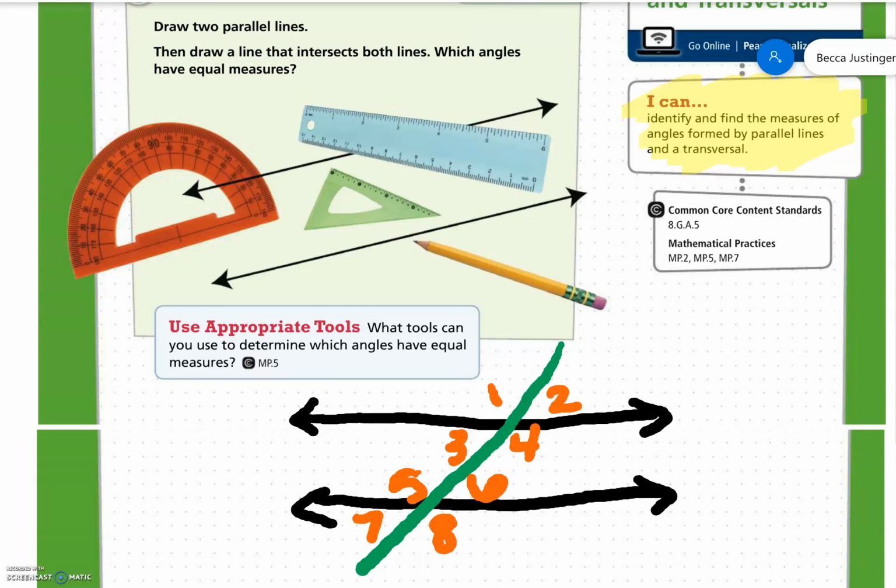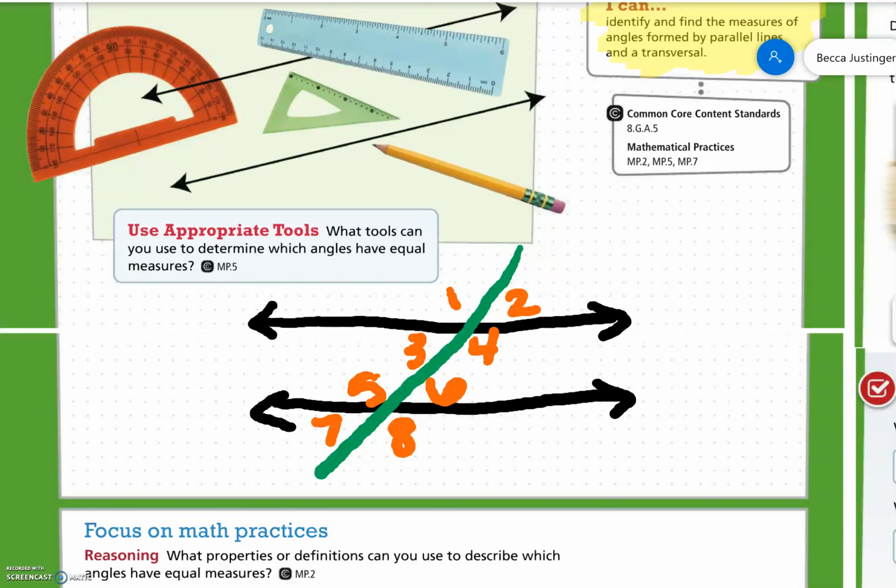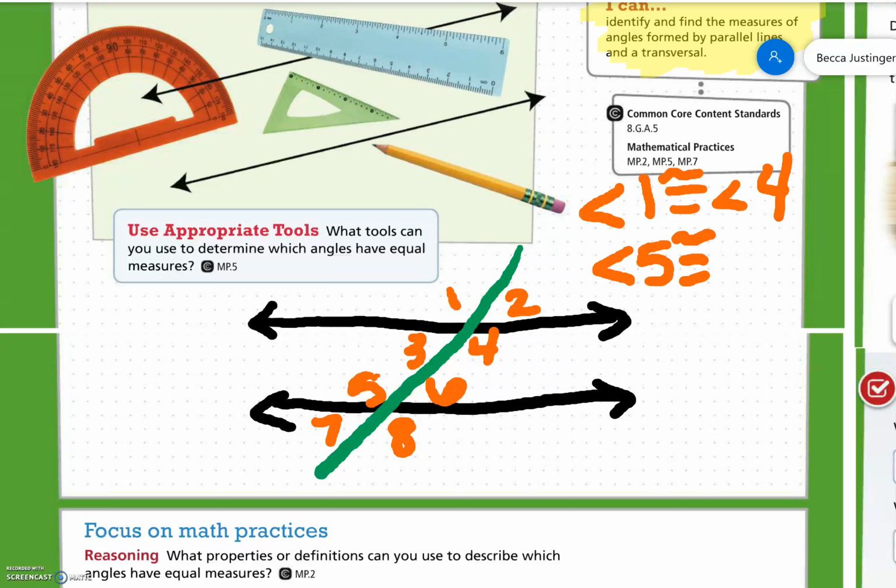Okay, does anybody have, for participation, a guess at which angles are congruent or equal to each other? Hopefully we got some participation and see that angle 1 is congruent to angle 4. Angle 5 is congruent to angle 8.